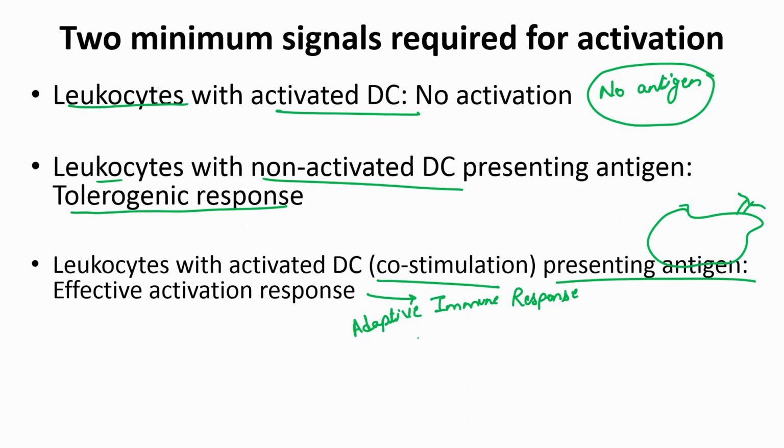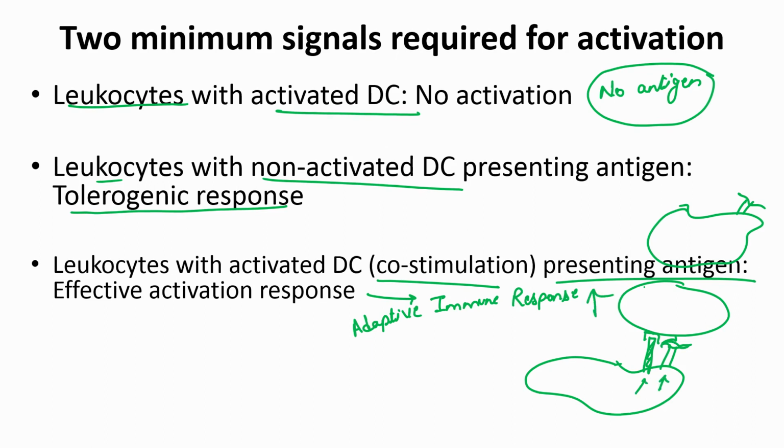When I say co-stimulation, what I am saying is, just like described above, you have a DC that is displaying an antigen, but along with displaying an antigen, it is also displaying another protein that the leukocyte can come in and recognize. So if there are two signals coming in, then the immune response is going to go up.